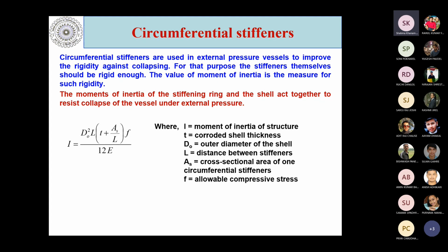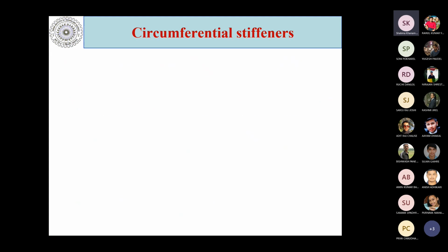Okay, and F is the allowable compressive stress of the shell, right? So in this case, I is the moment of inertia of the structure. So the moment of inertia of the stiffener should be more than the moment of inertia of the structure. Okay, so we need to keep that in mind, and we need to choose the stiffeners based on this I value, right? So how all these will be chosen, and what are different stiffeners and all, that we will discuss.